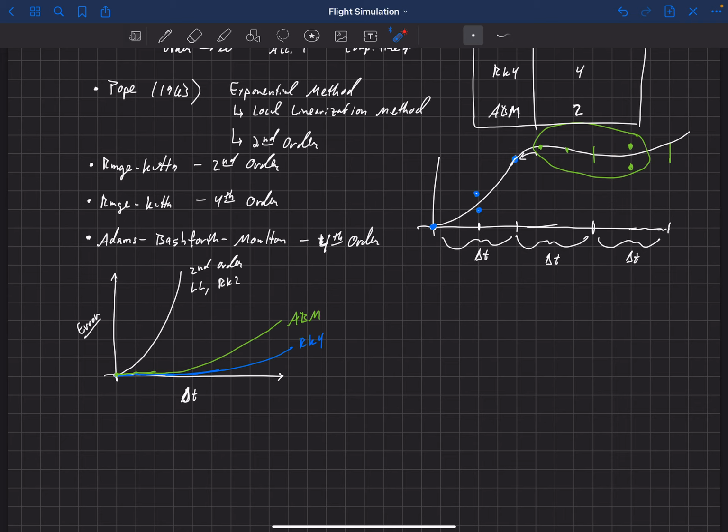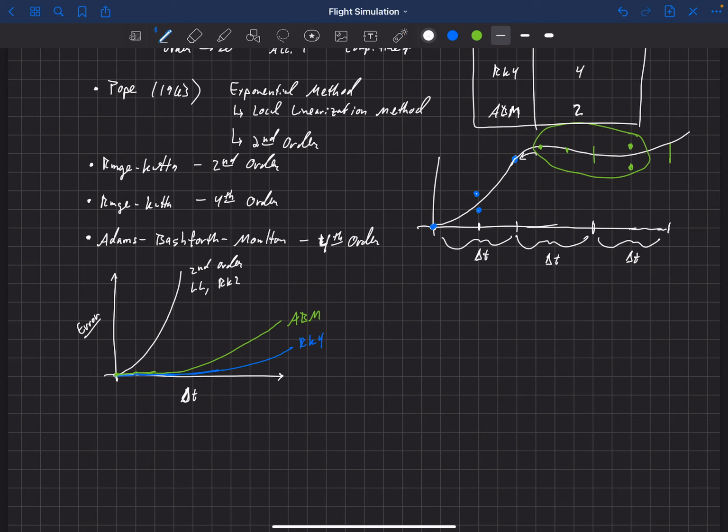So still, this is not a good comparison between the methods to try to balance computational effort and accuracy, because RK4 here is requiring twice the amount of effort, or the number of calls per time step, as the ABM method. So let's visualize that as well.